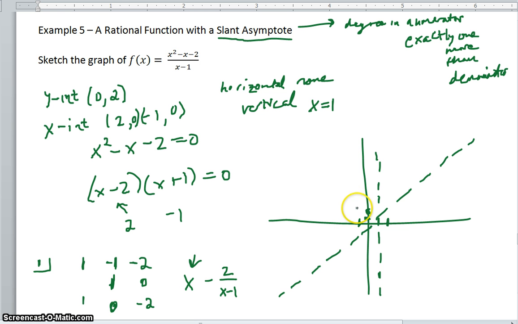Okay? So how does that look? Well, this graph is going up like this, so it's going to go down and follow this imaginary line that divided evenly into it.